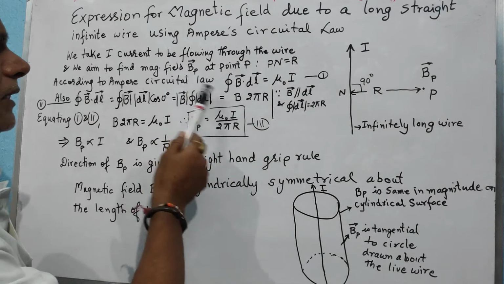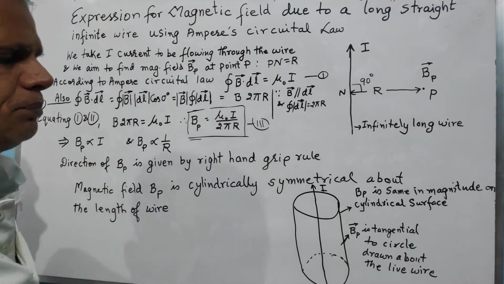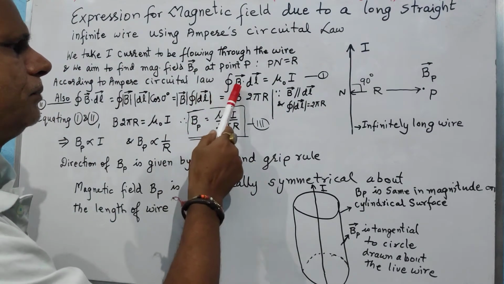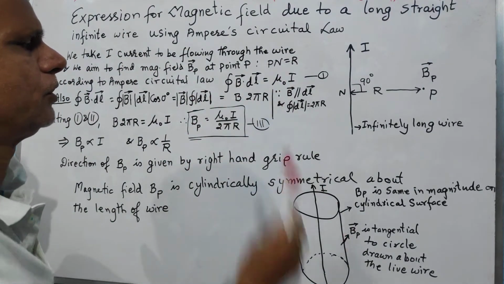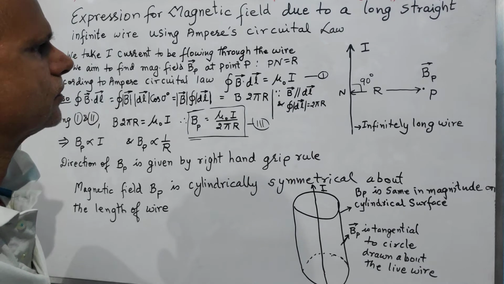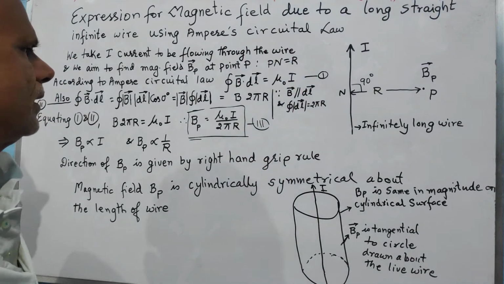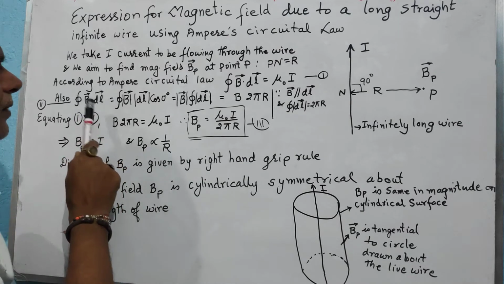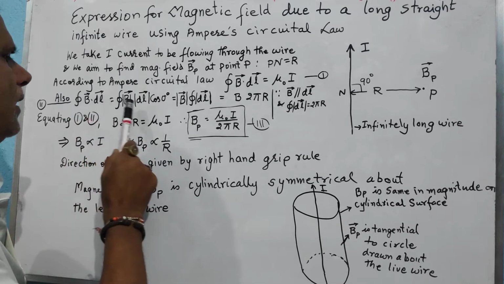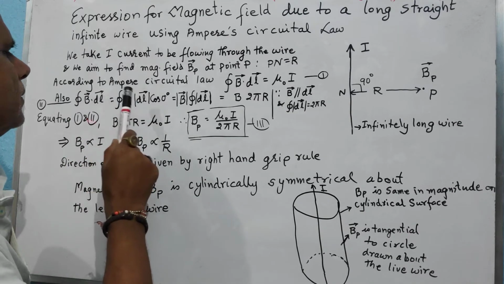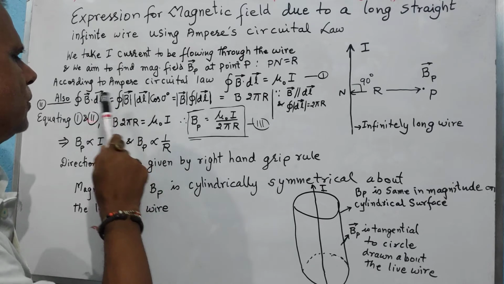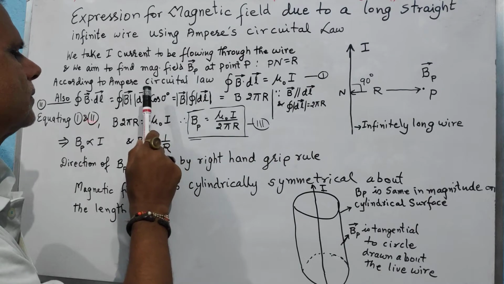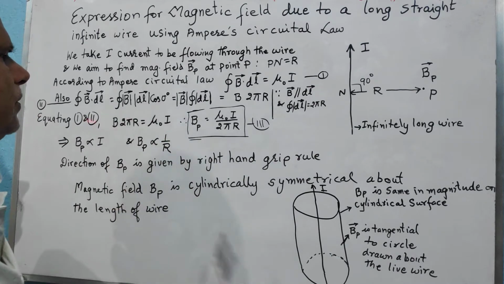Here we already know that from Ampere's circuital law we have the closed integral of B dot dl equal to mu 0 I. Let us call it equation number 1. Mathematically, B dot dl is equal to the magnitude of B, the magnitude of dl, that is the loop element, and cos of the angle between these two.